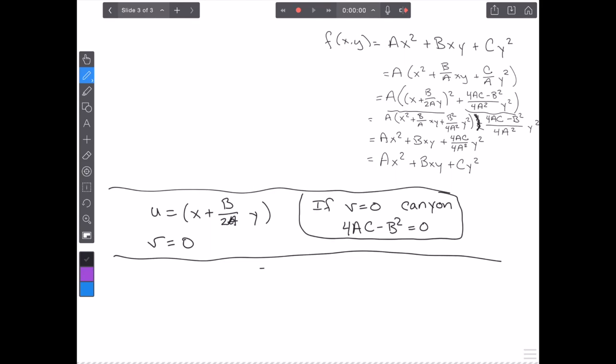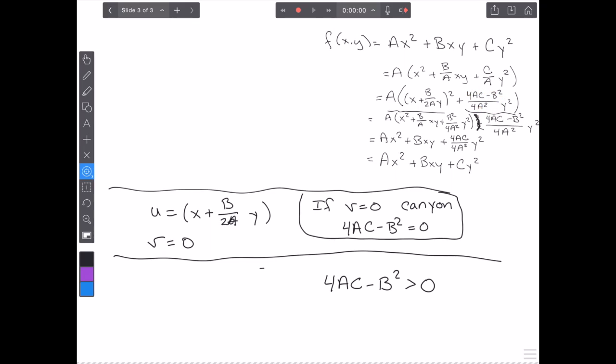So that's one possibility. Well, what's another possibility? If 4ac minus b squared is greater than 0, you can see that in my formula the coefficient sitting in front of y is positive.